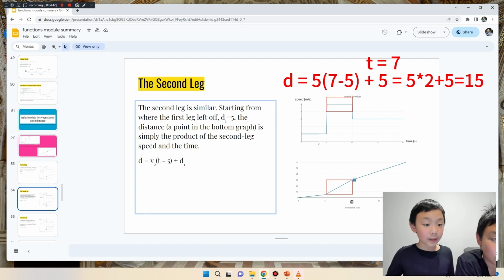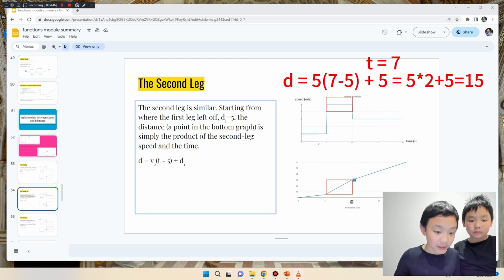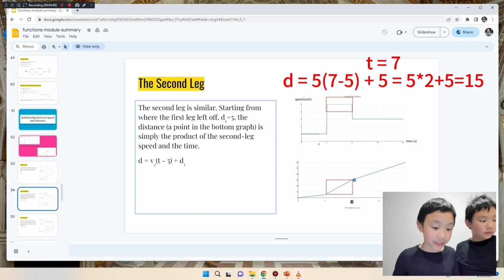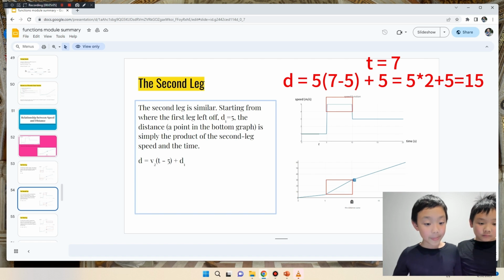Now let's do some example. Let's say t, the time, is 7, and the velocity is 5 because it says right here on the speed graph. So 7 minus 5 is 2. And then 2 times 5, because the velocity is 5, is 10.